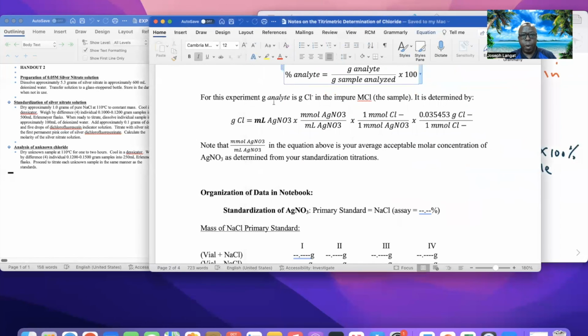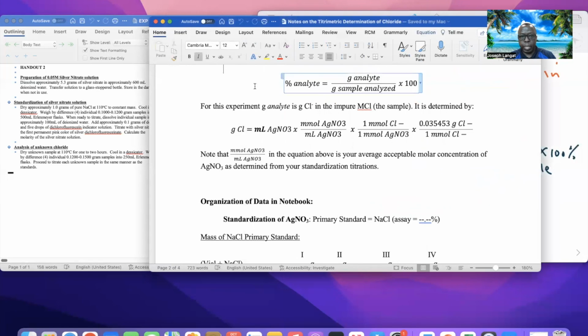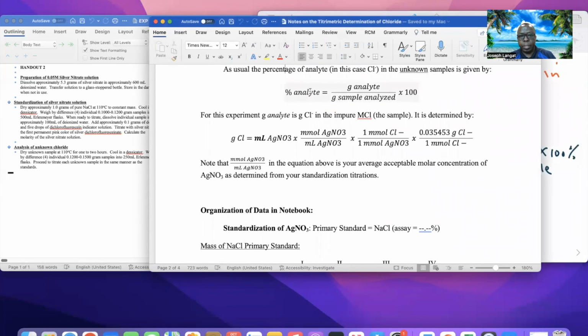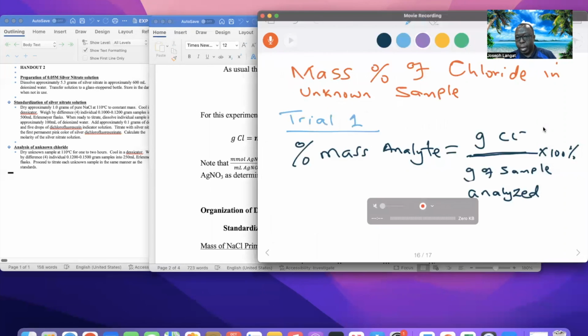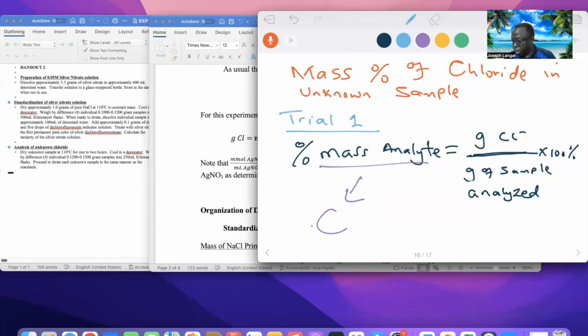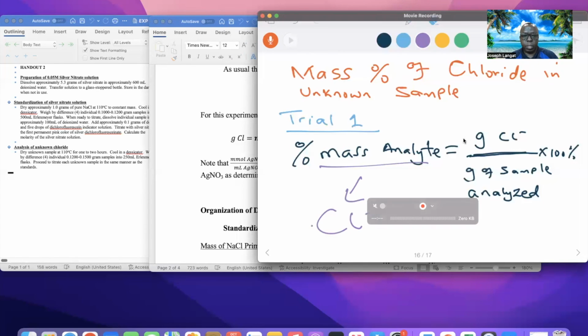Actually, this is the equation to get the mass percent. The analyte is the chloride. This is the analyte right here. It is the chloride ion, the same as chlorine or chloride.